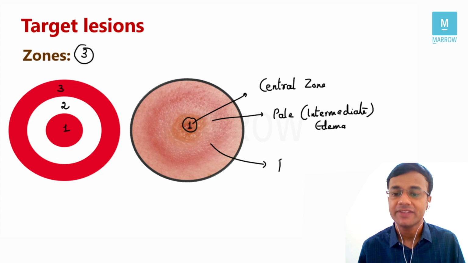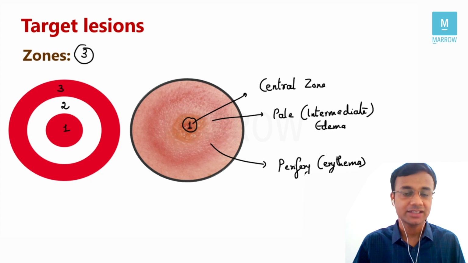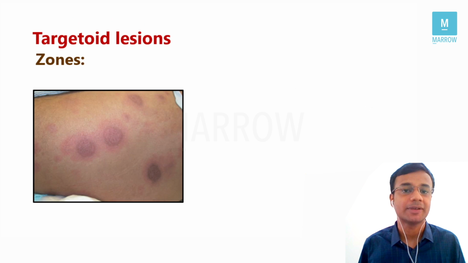And lastly, you're going to have the peripheral erythema. So in the periphery, you're going to find erythema in a patient with a target lesion. So there are 3 important zones: the central zone, the intermediate zone of edema, and the peripheral rim of erythema.